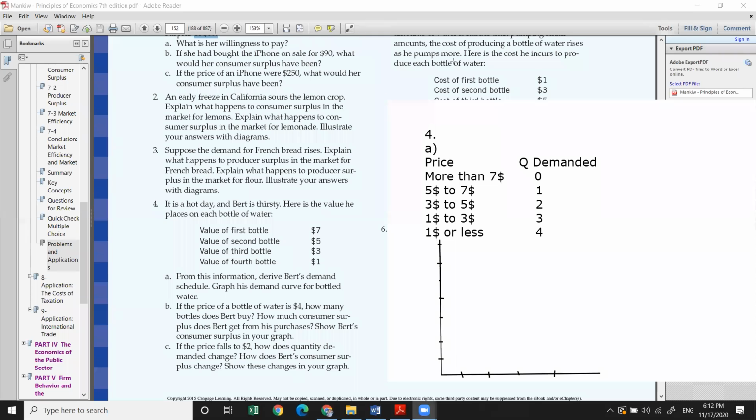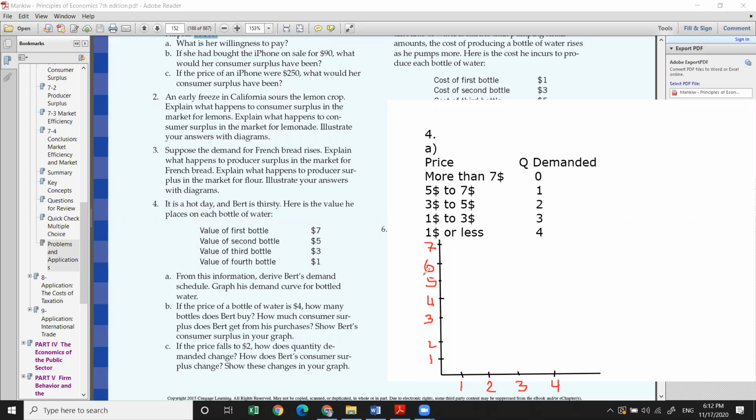Now we need to just put the numbers: 1, 2, 3, 4 on one axis, and 1, 2, 3, 4, 5, 6, and 7 on the other.